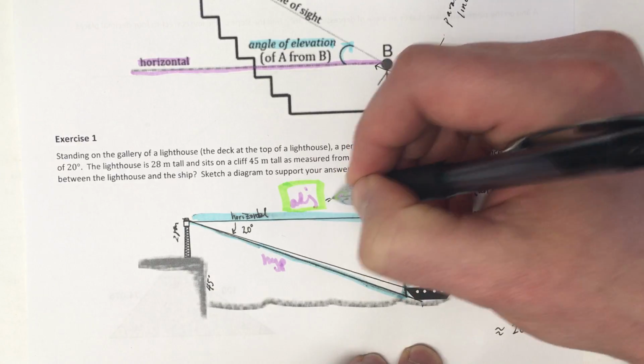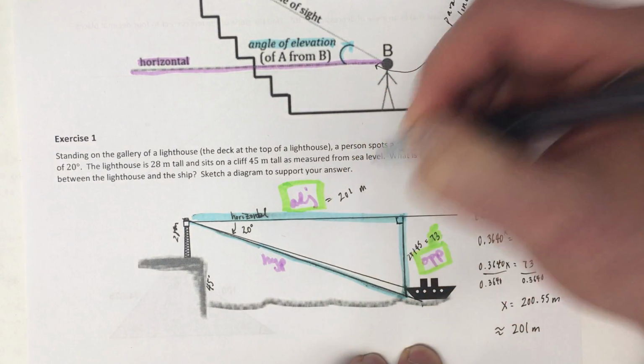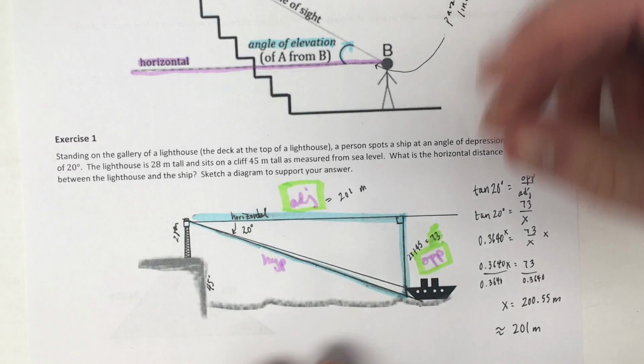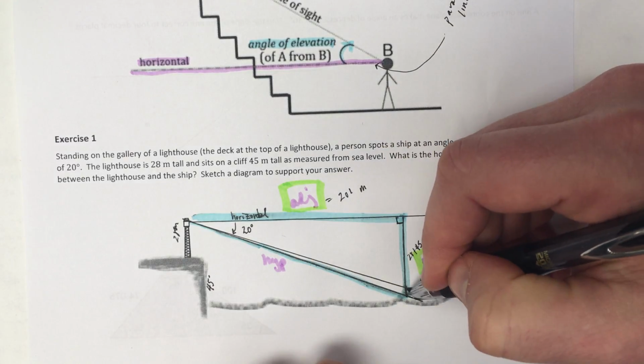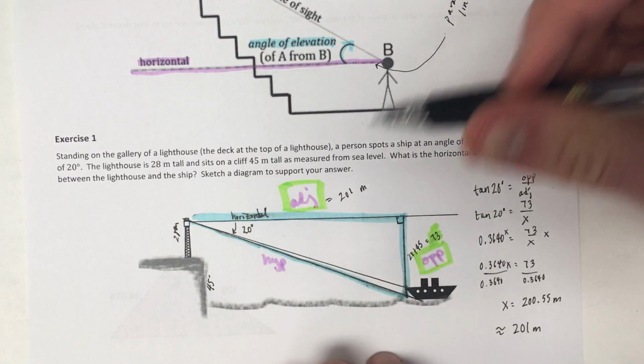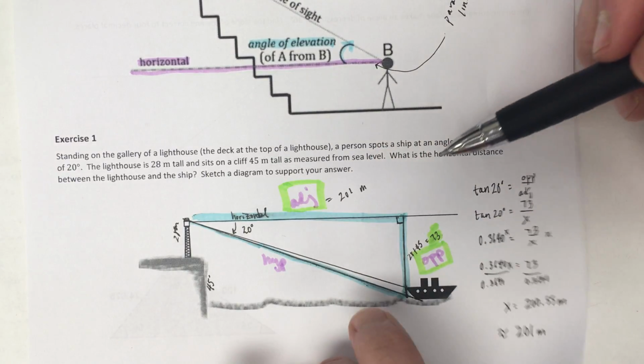So the distance between these is 201 meters. Okay, so again, sometimes these realistic problems make a few assumptions. This one was that the boat hit at the actual point on the water. But in general, this is the setup.